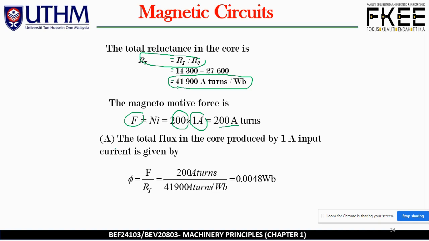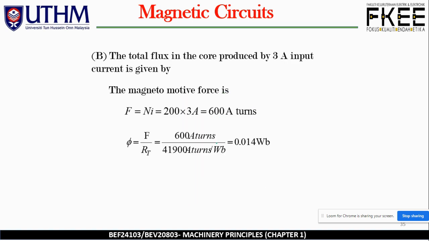So to answer question A, the total flux in the core produced by 1 ampere input current is flux phi equal to F over RT, so we have 200 from here. Since we have the current, the amount of 1 ampere, just straight away use this value into here, and we have the total reluctance, which is 41,900, giving the total flux in the core produced by 1 ampere as 0.0048 Weber.